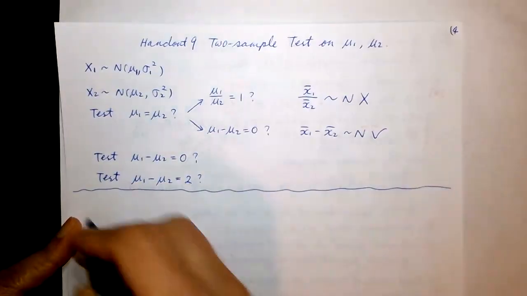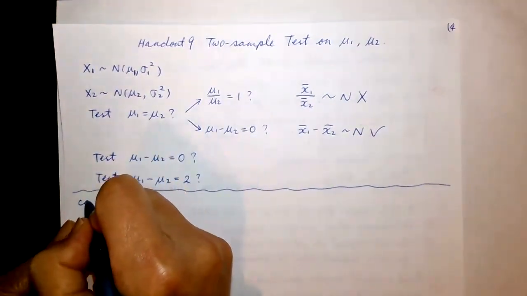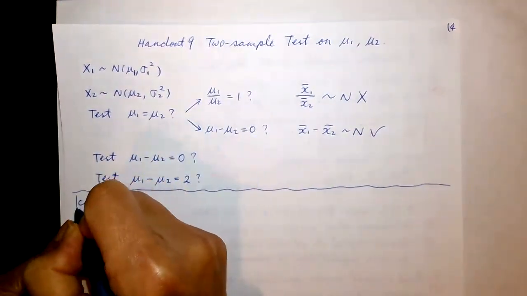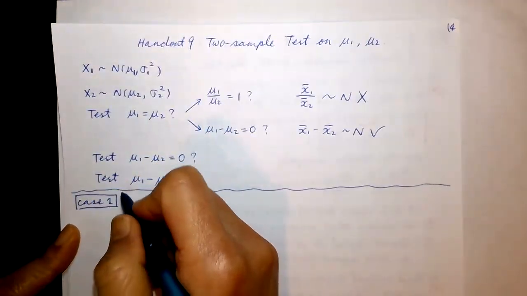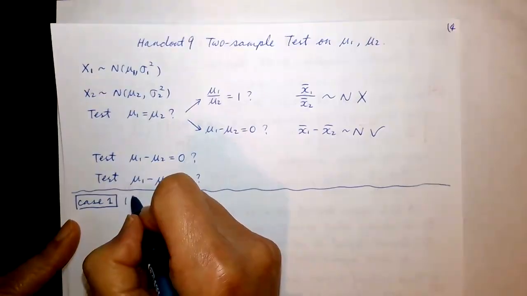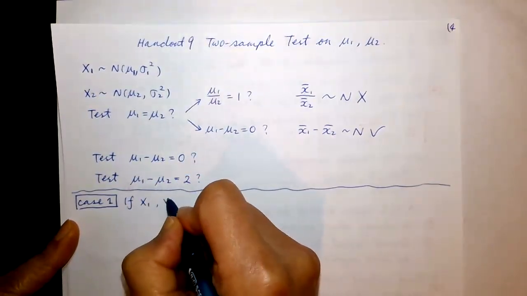For Handout 9, we have different cases. We have 4 cases. Today, probably we can cover the first case, which is the easiest. I write out all the information you need to know for case 1.